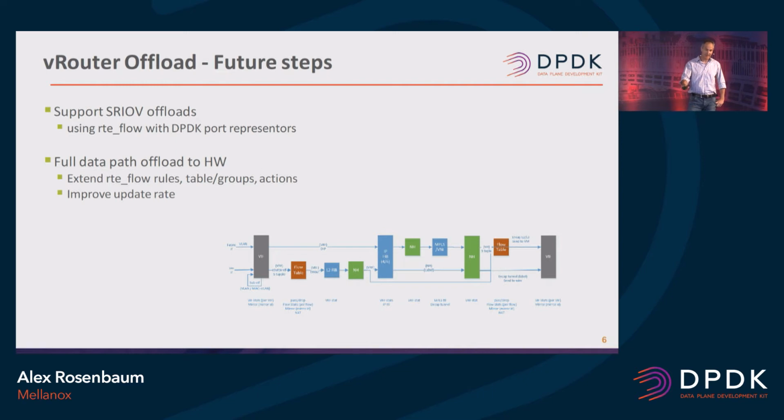And again, like a lot of the discussions and what I discussed earlier, improve the update rate in order to support hundreds, thousands, and millions of rules in there. When I say SRV, it means that the application manages the data path and potentially some of the data will go directly to the application through the directly attached VF.